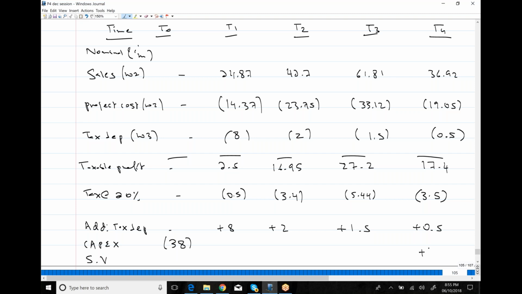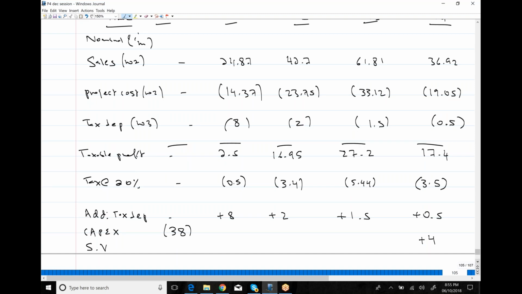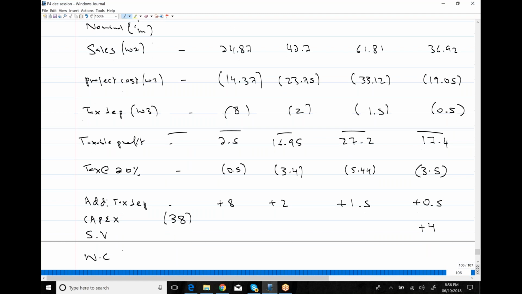Then comes your working capital. Now we can directly compute working capital. There's no need to show a working for working capital. So for working capital, he told us to just go and read your point number 6.